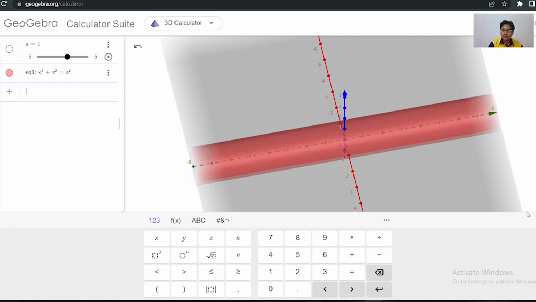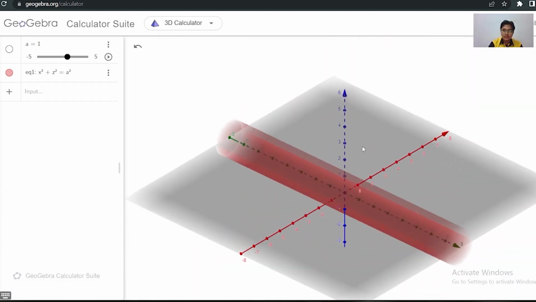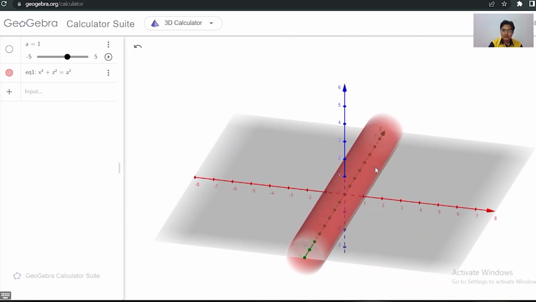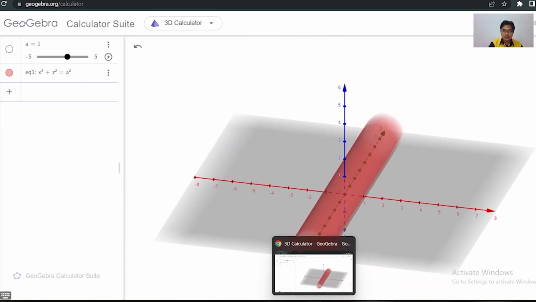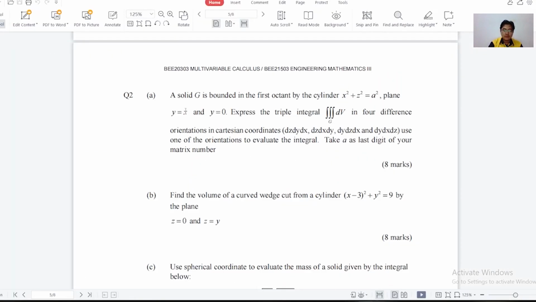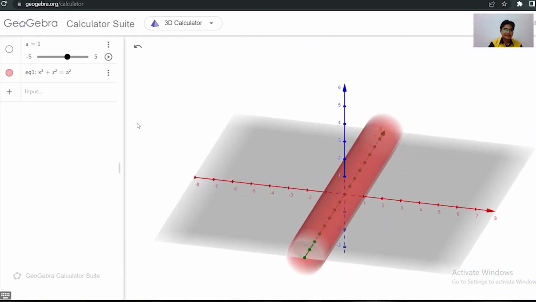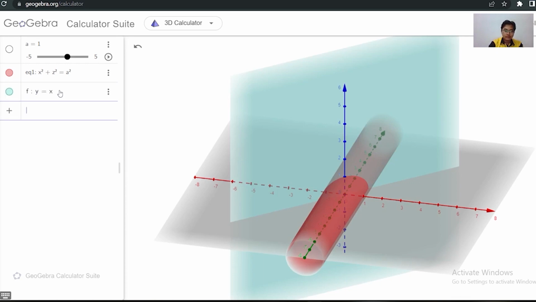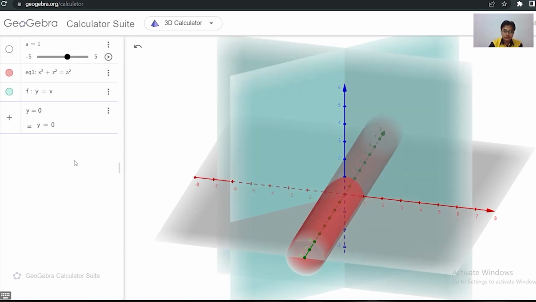So we get the graph like this, cylinder, and then we insert the y equal to x and y equal to 0. So we get the graph is like this.